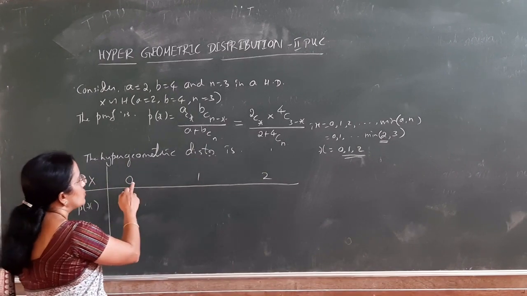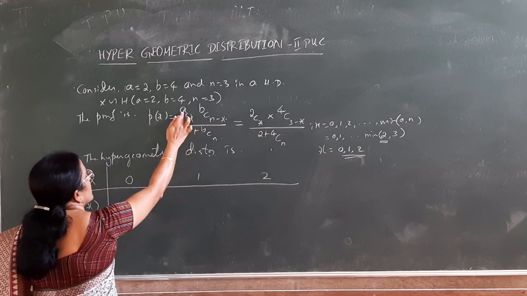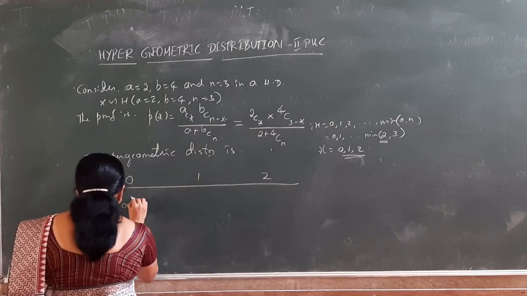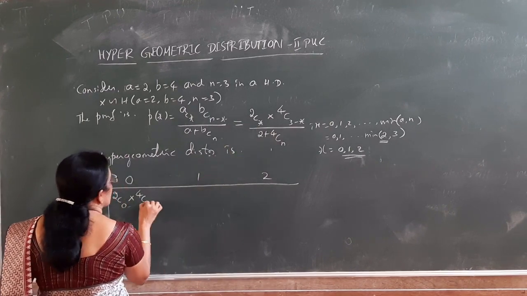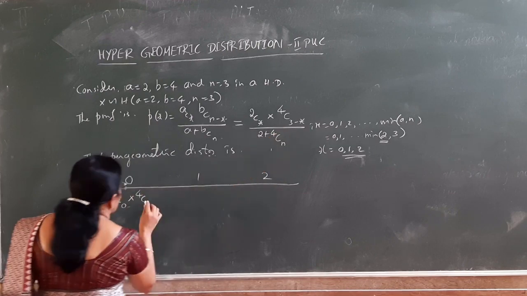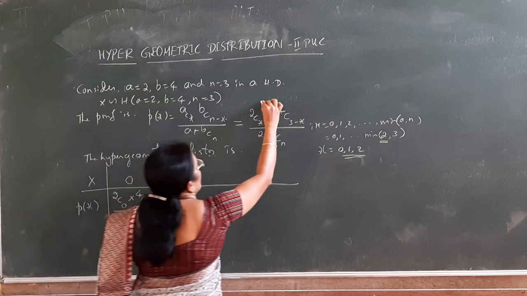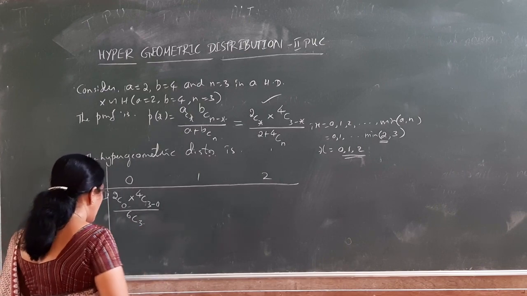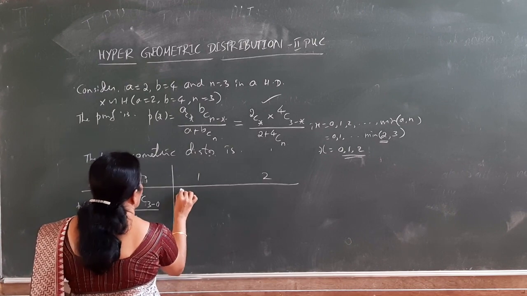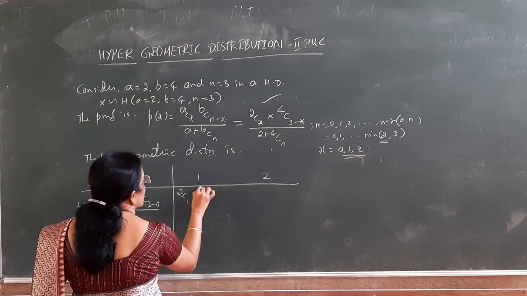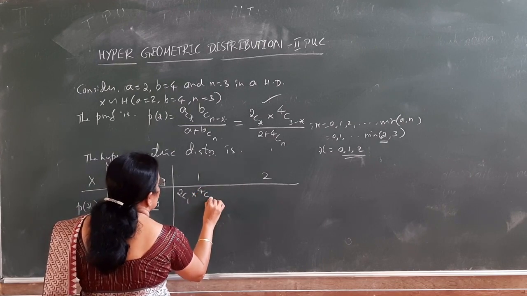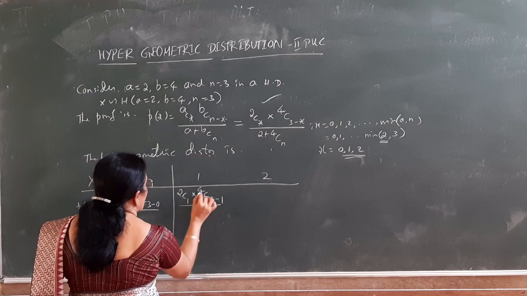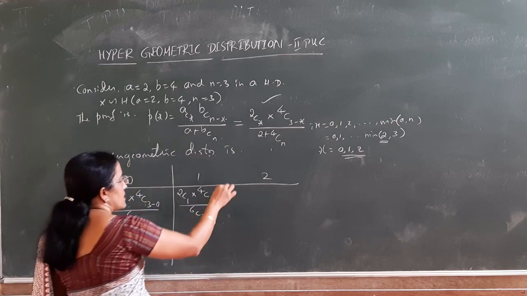Now first consider x equal to 0 in the probability mass function: 2C0 into 4C(3 minus 0) divided by 2 plus 4, 6C3. Next, x is 1: 2C1 into 4C(3 minus 1), that is 4C2, divided by 6C3.